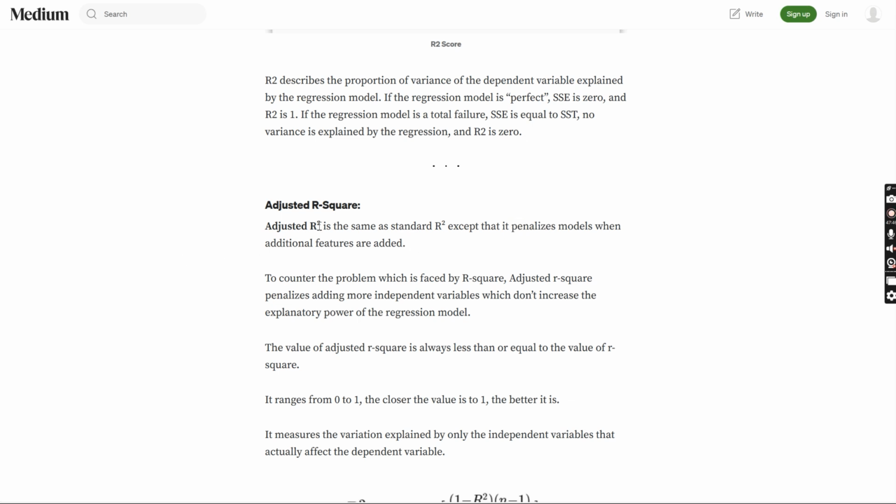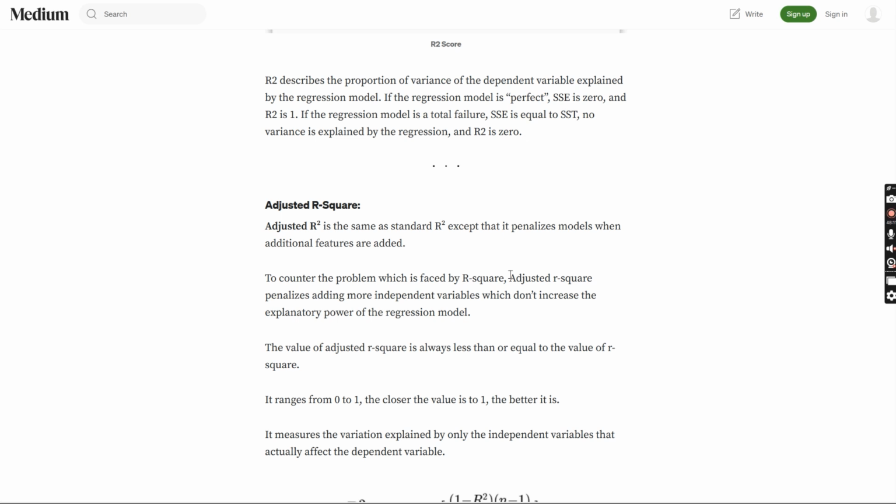The calculations are the same as R squared, except there is a penalization happening to the model. So whenever additional or irrelevant features are added, the model gets penalized in its prediction, hence the variance that is captured does not impact the model.